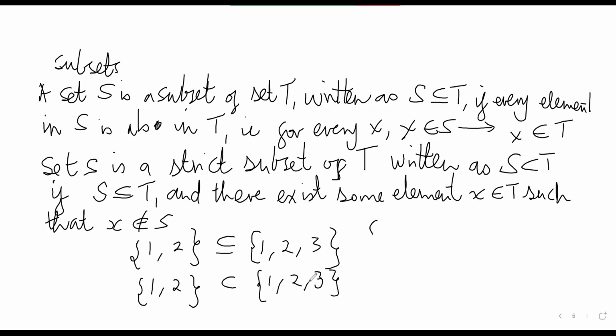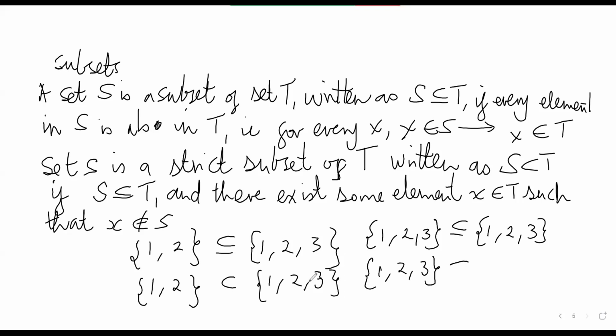{1, 2, 3} is a subset of {1, 2, 3}. But {1, 2, 3} is not a strict subset of {1, 2, 3}.